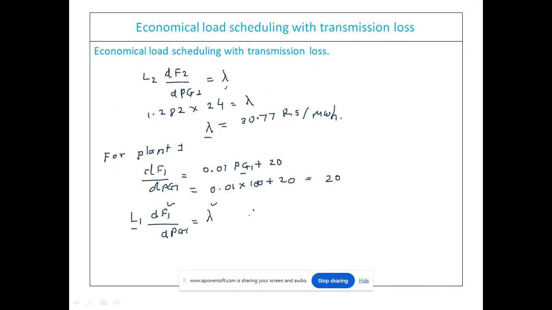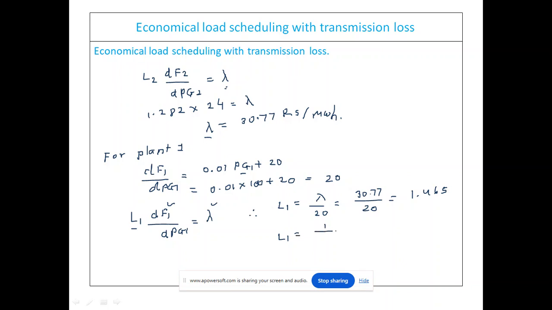Therefore L1 equal to lambda divided by 20, so 30.77 divided by 20. This L1 value you will get as 1.465. Please verify.